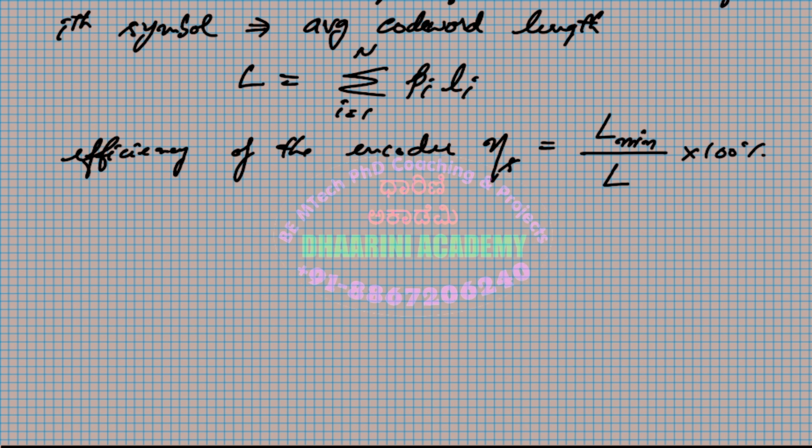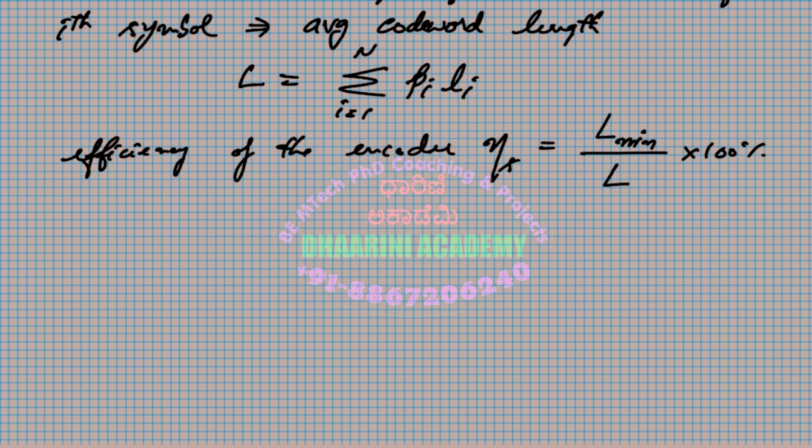Now we'll move ahead. These kinds of equations we are already familiar with. Now I'll go to the entropy. The average information content of a message is conveyed by which tool? It is entropy. We know that entropy gives the average information conveyed by the source.